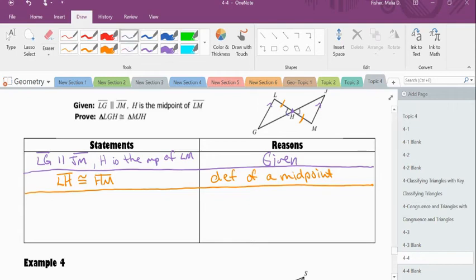These two angles are congruent, so I can say angle JHM is congruent to angle GHL because those are vertical angles.